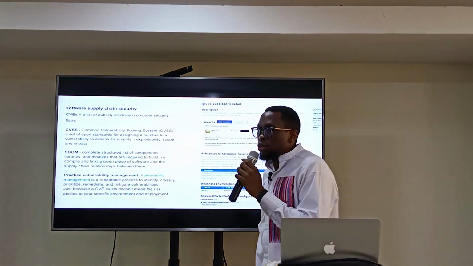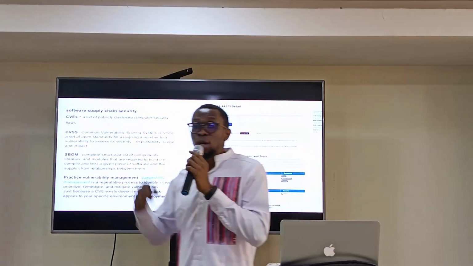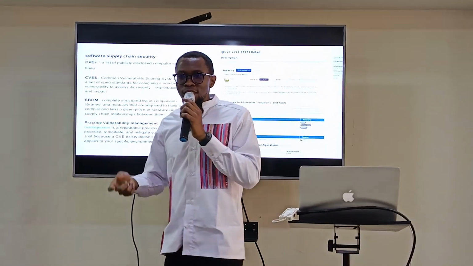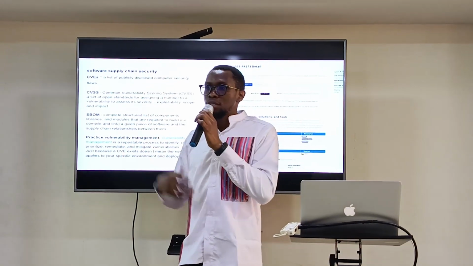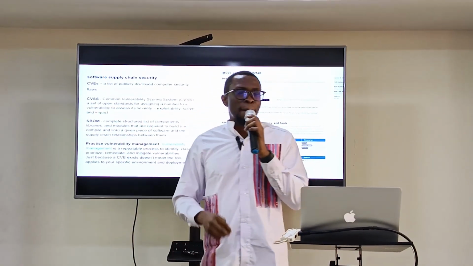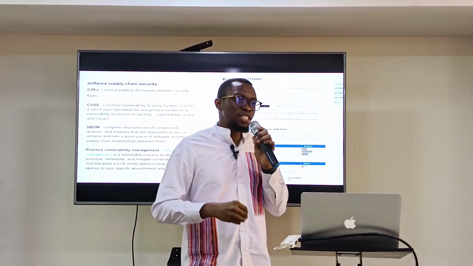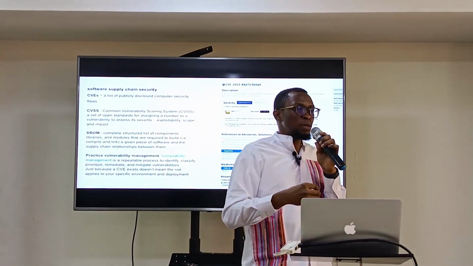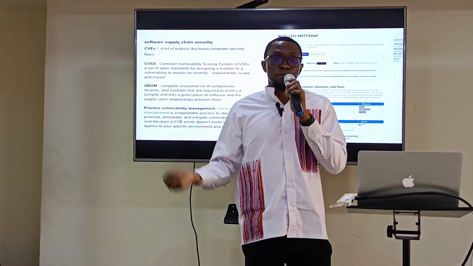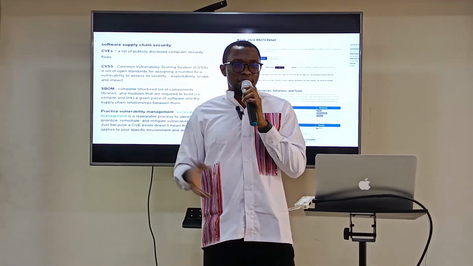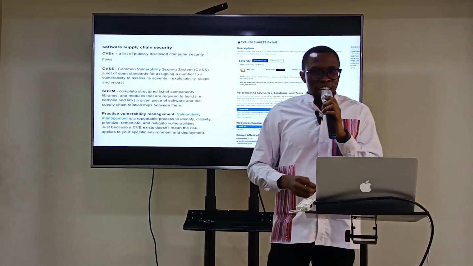CVEs itself, we know that there is always vulnerability. Your application has dependencies. Those dependencies are libraries made up of different libraries made up of different packages. Every now and then there are people looking for ways to exploit them, to find backdoors into what is existing.